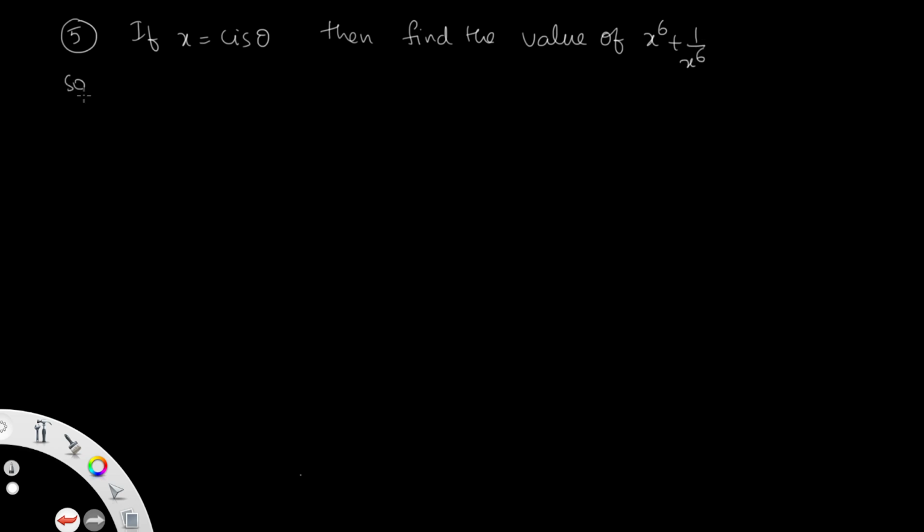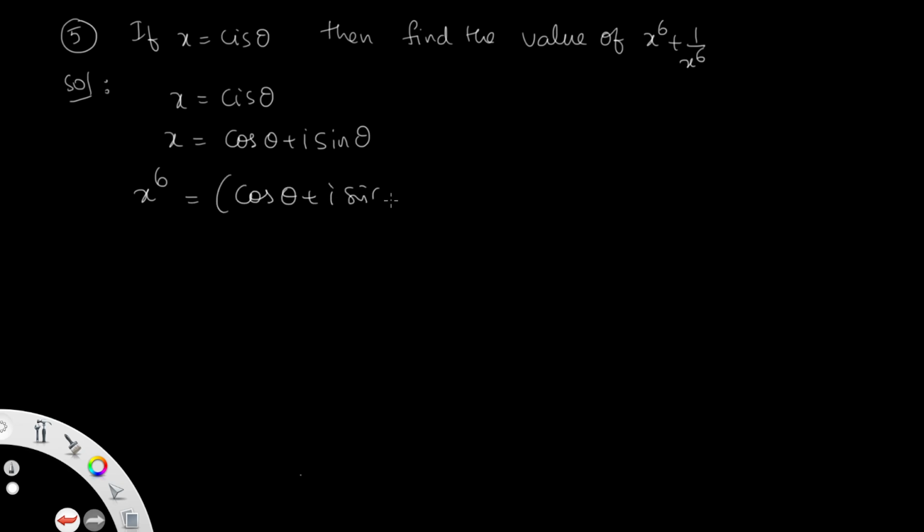So x is given as cis θ, that is x equals cos θ + i sin θ. In the question x⁶ is given, that is (cos θ + i sin θ) to the power of 6. Then as per De Moivre's, it becomes cos 6θ + i sin 6θ.